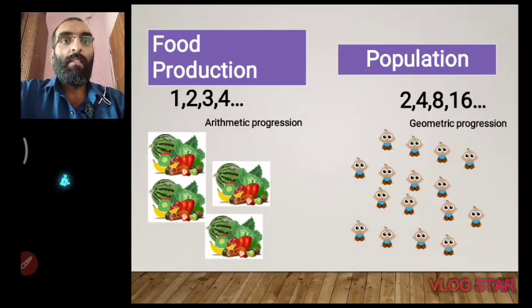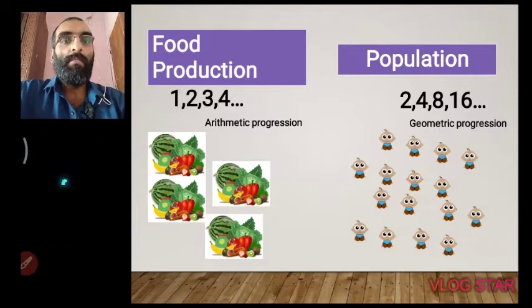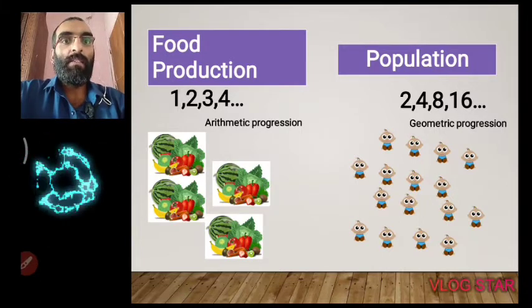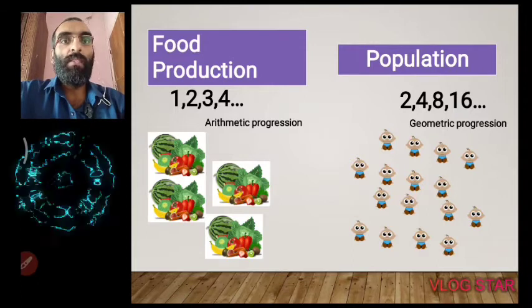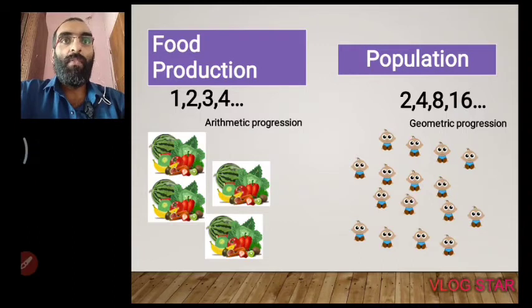Food production grows like 1, 2, 3, 4 or 2, 4, 6, 8, 10, an arithmetic progression.